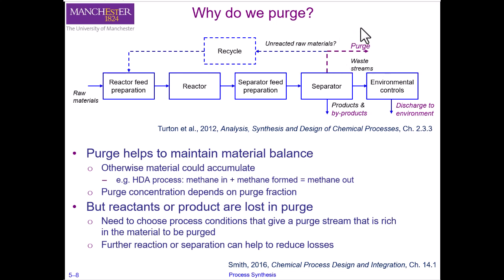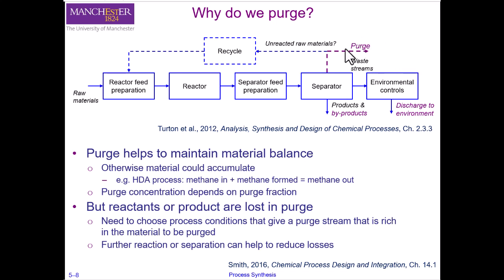But if you have a low purge fraction, then you are also recycling large quantities of these impurities back into the system. And as we discussed in the previous slide, these impurities are going to affect the performance of your system and going to increase the heat duties and the size of your equipment. So again, we see this trade-off between recycling the material or losing the valuable material in this purge stream.